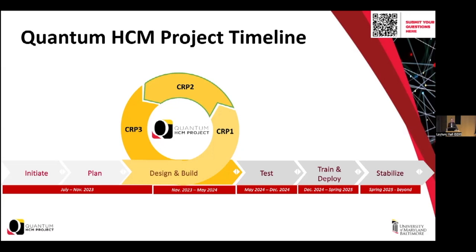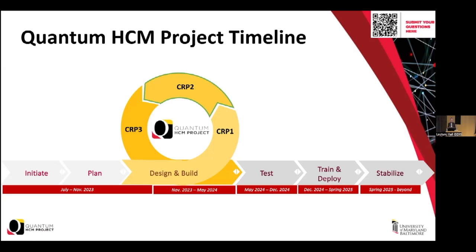At this point, we have successfully completed CRP1, and we are in the middle of CRP2 as I speak. The next CRP session, CRP3, is scheduled in a couple of months. It doesn't end there. The goal is to get to a point where we are comfortable with the design based on the requirements we have identified for each of those areas.